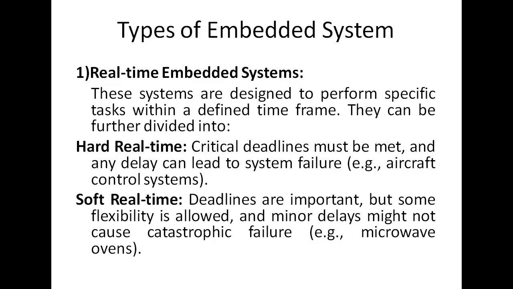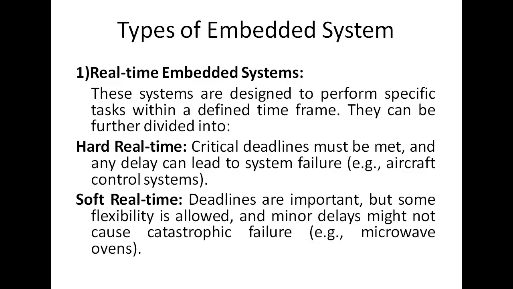The first is hard real-time, where a critical deadline is given, like in an aircraft control system. Delay is not allowed and failure is not allowed. The critical deadline must be met, and any delay can lead to system failure.